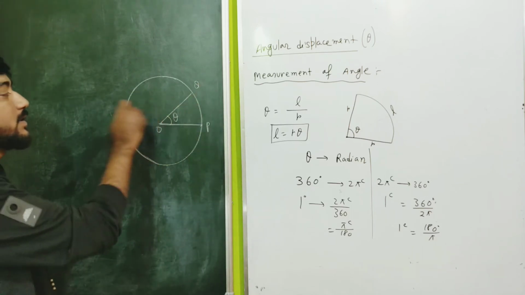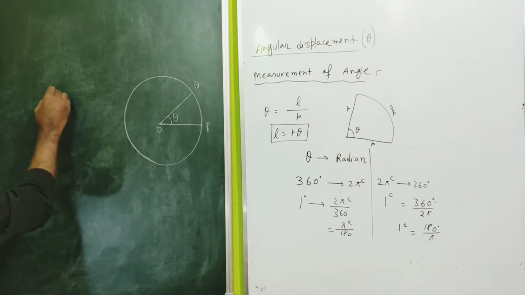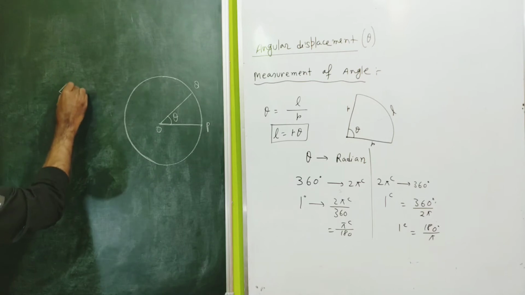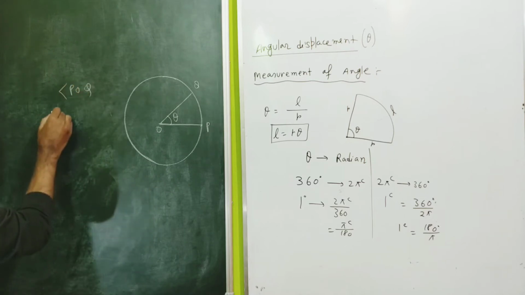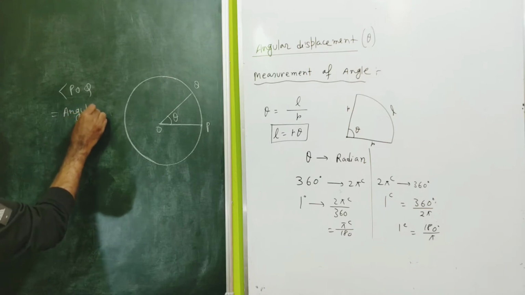Okay, and this theta is called angular displacement, that is, this angle POQ is called angular displacement.